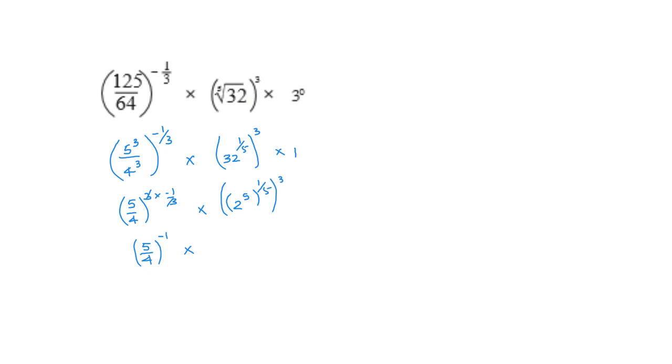Then here 5 into 1 over 5 becomes 2 to the power 3. So to turn this positive, you change it upside down. 4 over 5 into 2 to the power 3, that is 8. You have 32 over 5, which is equal to 6 2 over 5 as a mixed number. That is your answer.